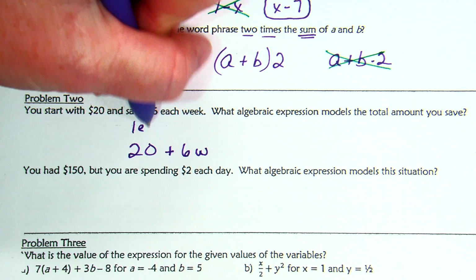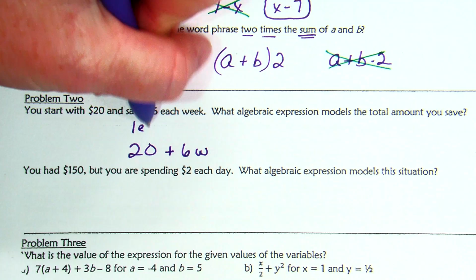What does W stand for? The number of weeks. So let W equal the number of weeks. I know this question didn't ask us to do that, but always be asking, okay, what does that variable represent?